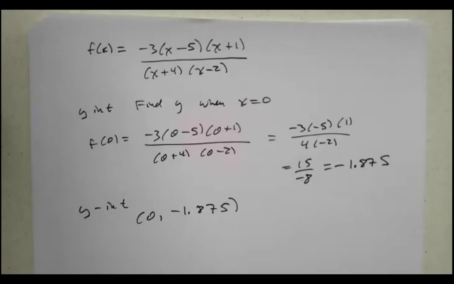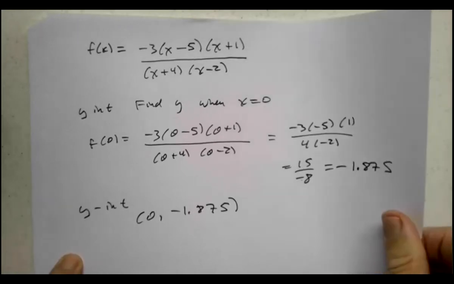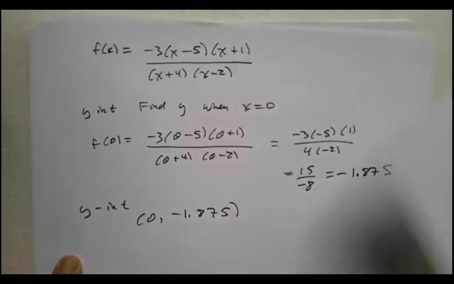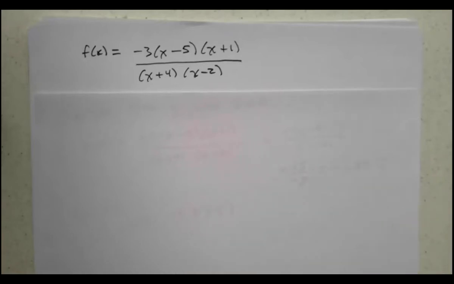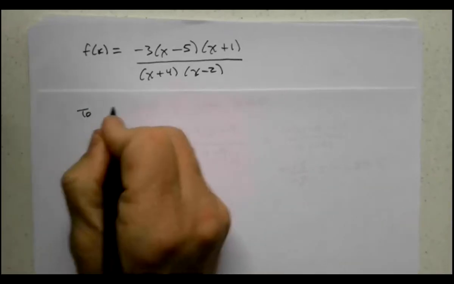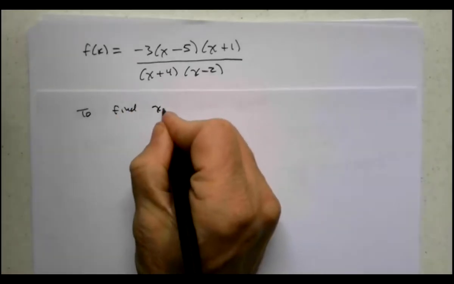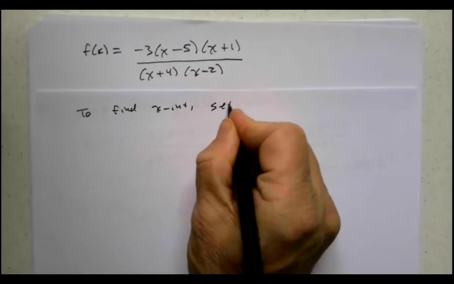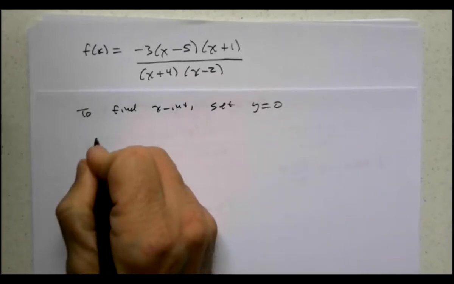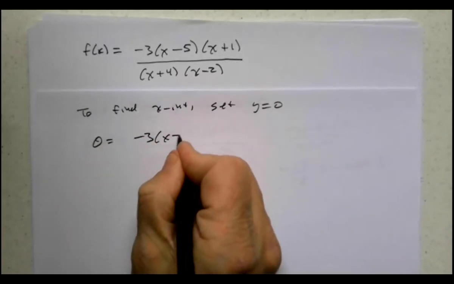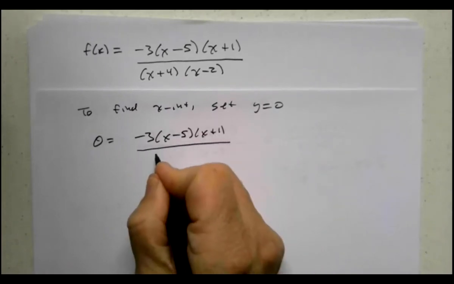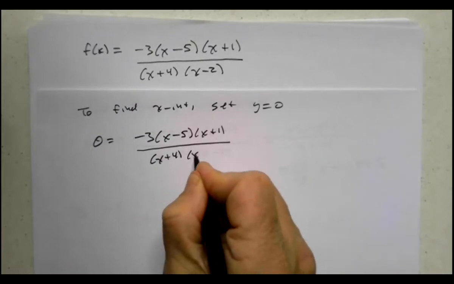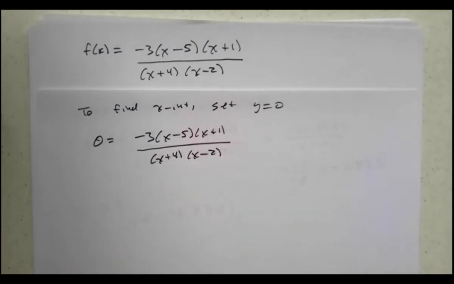Now let's finish off with the x-intercepts. The x-intercepts will occur when the y values are 0. We have our same function, so to find the x-intercept, set y equal to 0. I get 0 = -3(x - 5)(x + 1) over (x + 4)(x - 2).